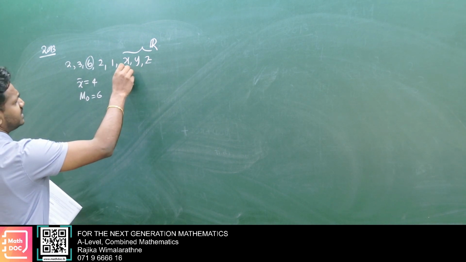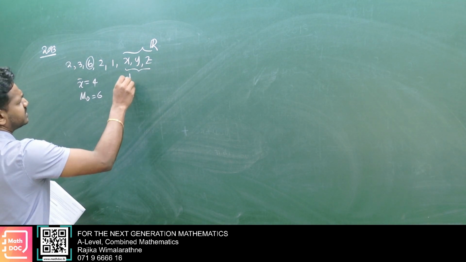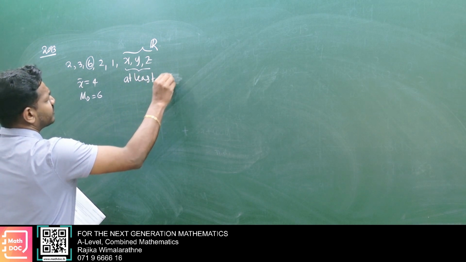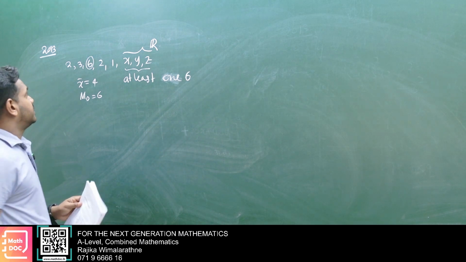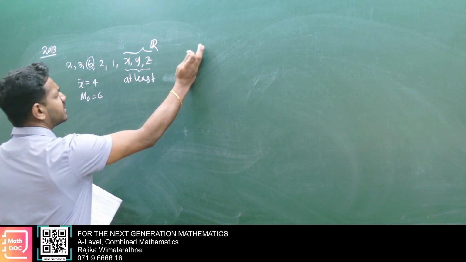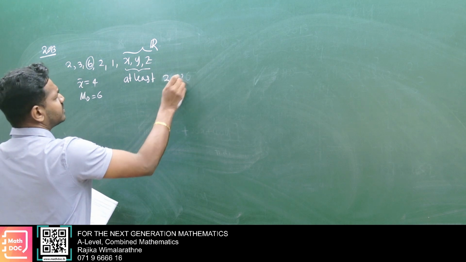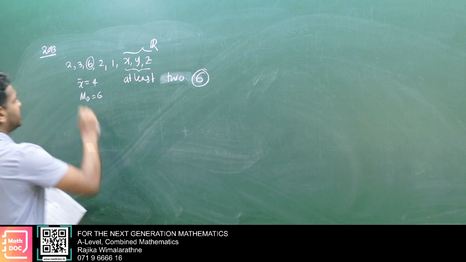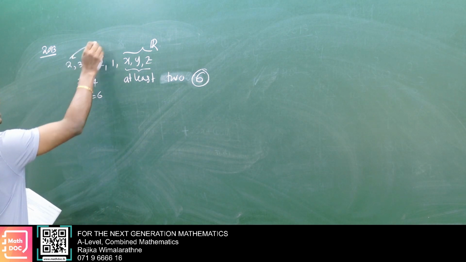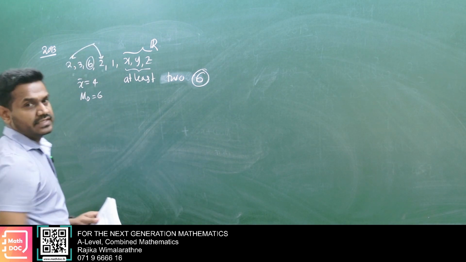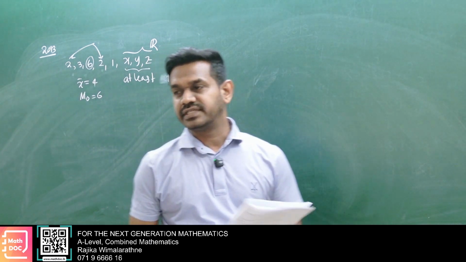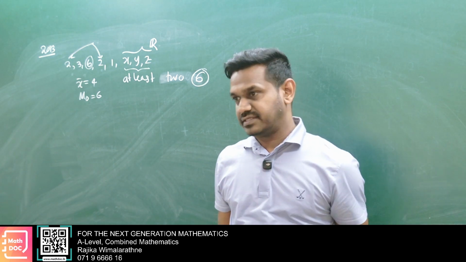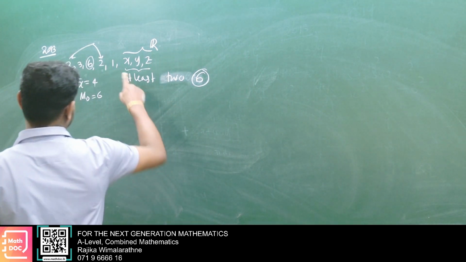Then x, y, z at least one 6. Sorry, two 6s, because here there are two values. Then the mode is 6. Therefore mode 6 means, among x, y, z, there are 3 values, definitely at least 2 will be 6. Sometimes 3 can be 6.